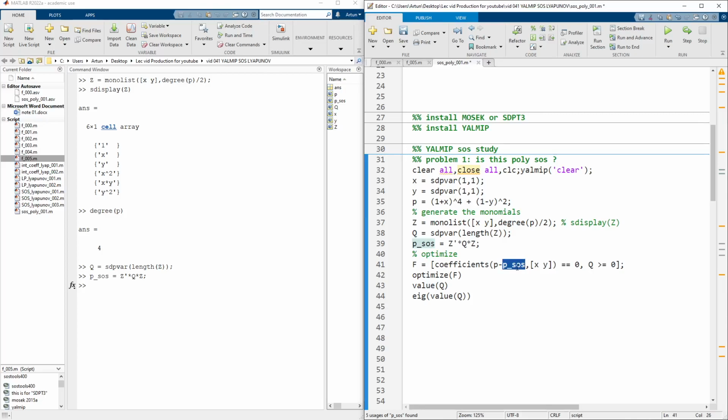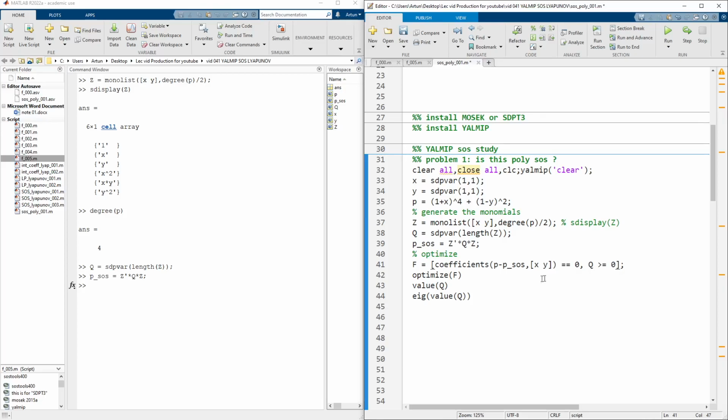We want to find P SOS such that it is basically equal to this, and also it can be written or expressed as this term, where this Q matrix is a symmetric semi-positive definite.